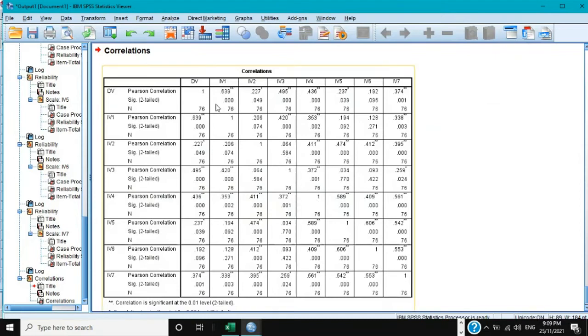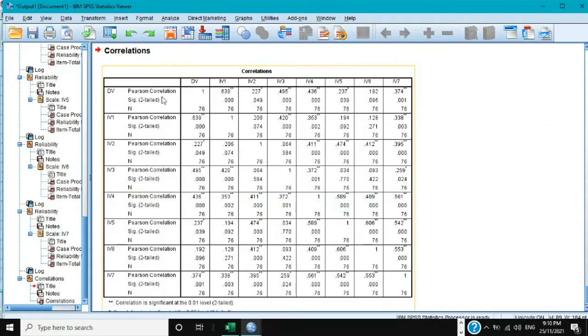Whatever is written here is also written here. So if you look at this figure, it's going to be the same as this figure. The 0.374, this is also going to be 0.374, and the reason is that it is symmetrical.